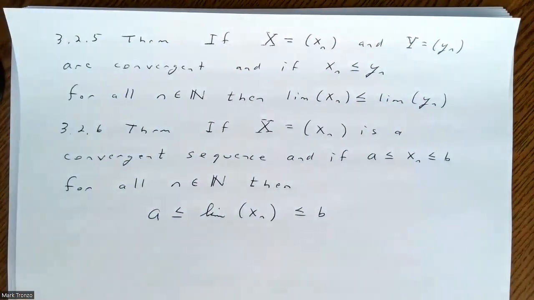Once again, pretty logical, but there's a theorem to say that if all the members of your sequence are between A and B, the limit's going to be between A and B. Pretty clear cut.